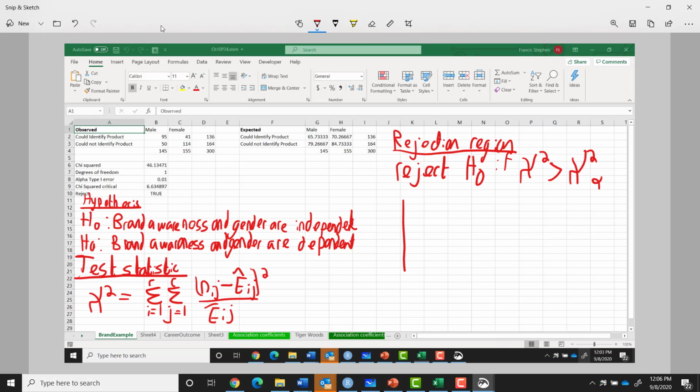Now, let's just draw a chi-squared distribution. As chi-squared gets bigger, we basically have more and more evidence. We're more and more different from independence until we hit the critical region, which, say for example, our type 1 error is 0.05, i.e. assuming the null hypothesis is true, we have this 5% chance of making an error.